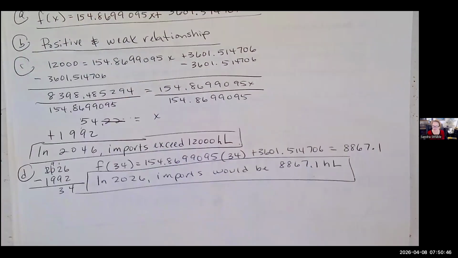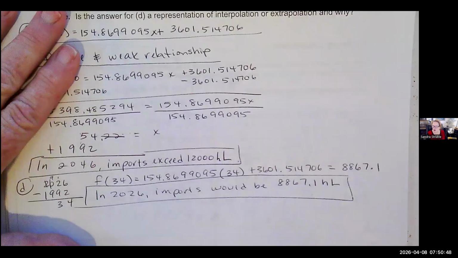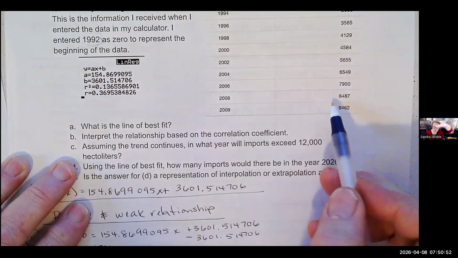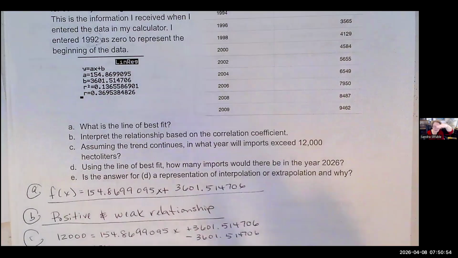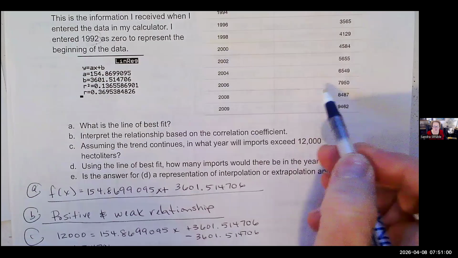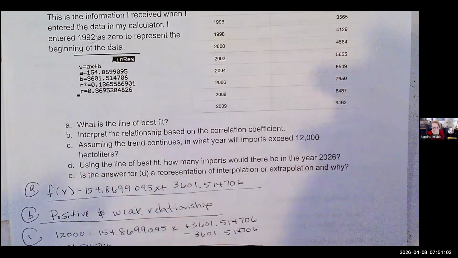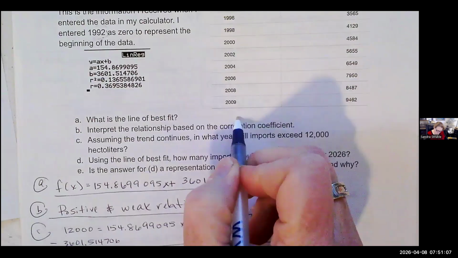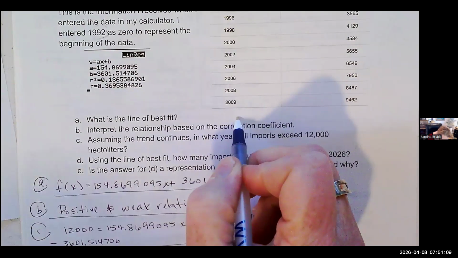So 8867 is part of the range. It falls in the range grouping, as it probably hit that at some point during these years. So it would be interpolation. However, 2026 is off the charts.